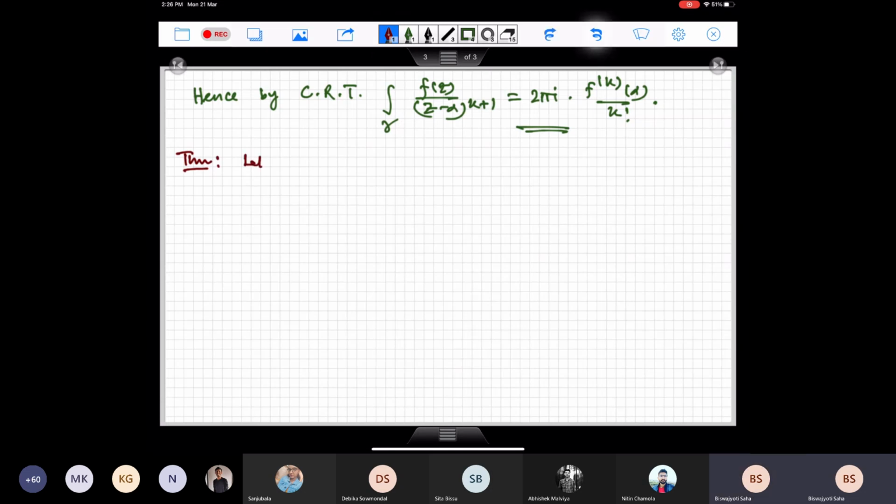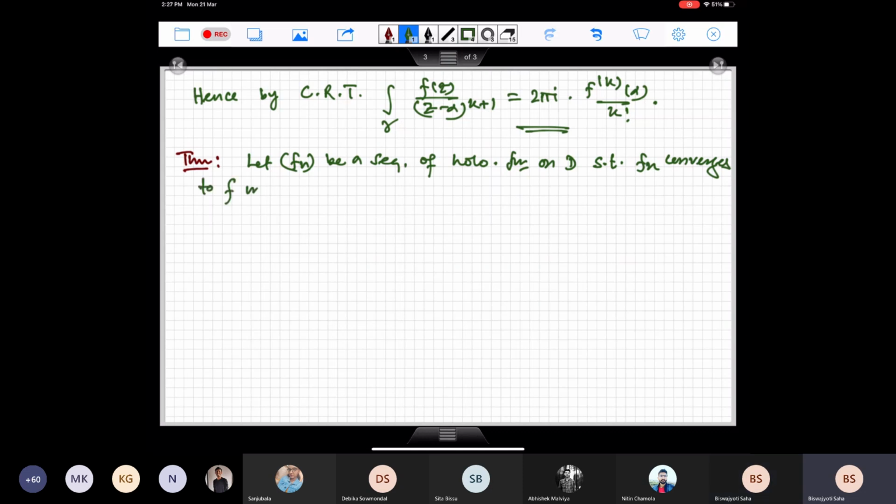Let Fn be a sequence of holomorphic functions on D such that Fn converges to F uniformly on every compact subset of D. Okay, so I have this much.